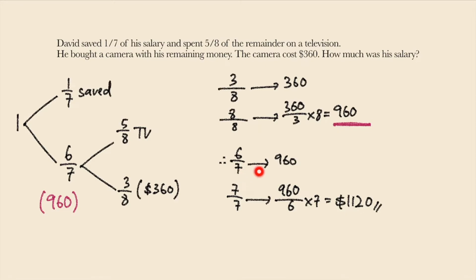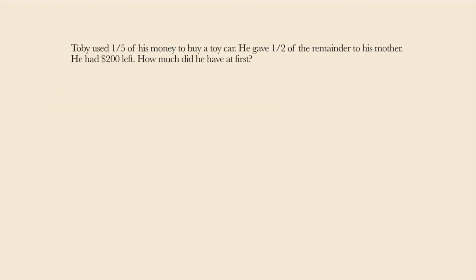So 6 out of 7 represent 960. You can find 1 out of 7, which means you will divide by 6, then multiply by 7 to get 7 out of 7. Why are we interested in this? Because the question is, how much was his salary? Which in this case would be 7 out of 7 units. So this is basically working from one branch to another branch. More to come.